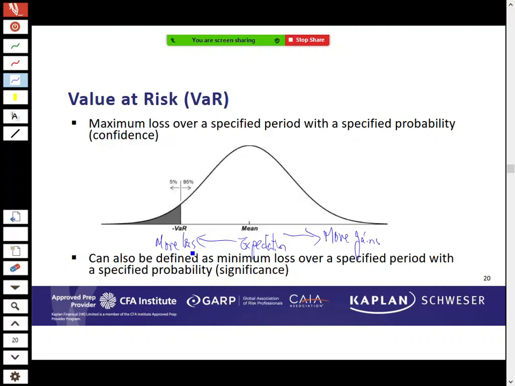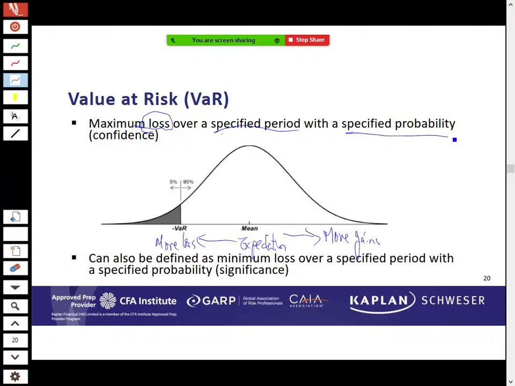But for value at risk, you want to have some kind of cut-off point here. The cut-off point is a statement that you can make: the maximum loss that relates to the value at risk, under what circumstances, under what conditions, over a specified period, which might be within one trading day, or a week, or a month.